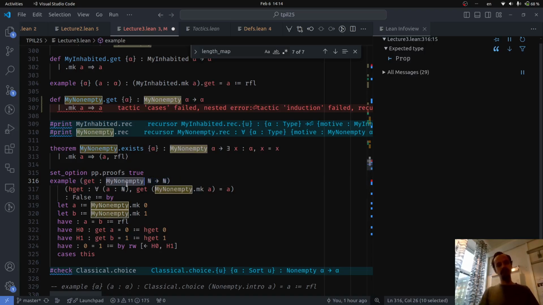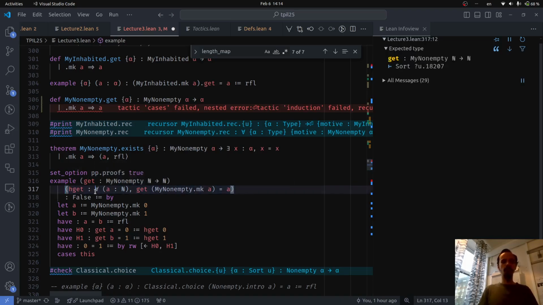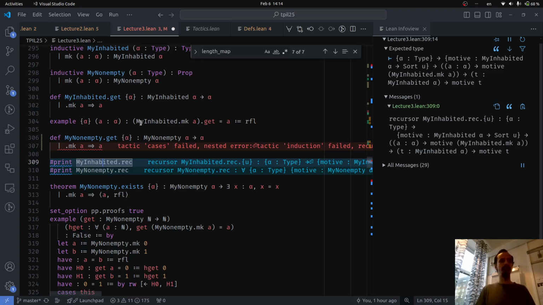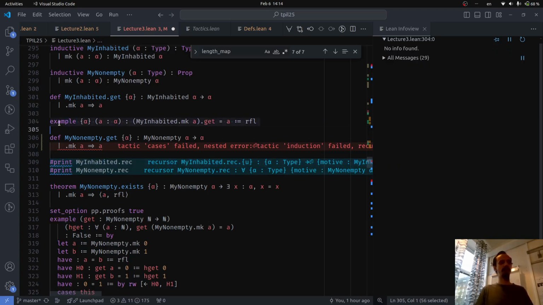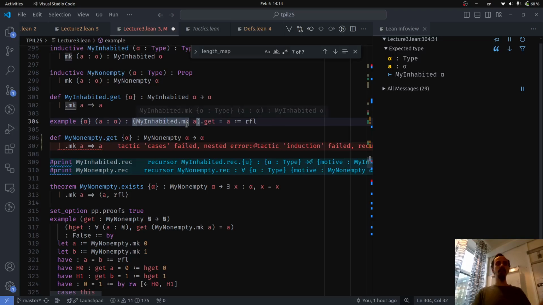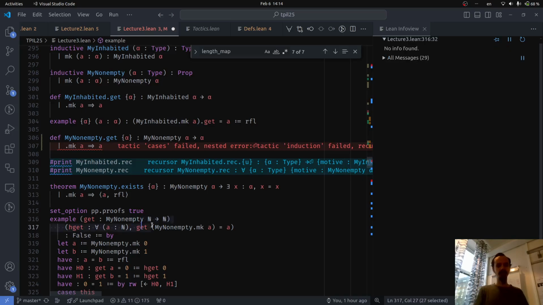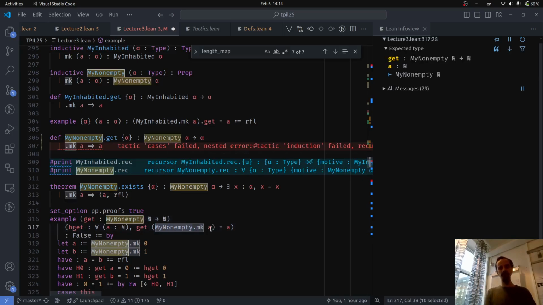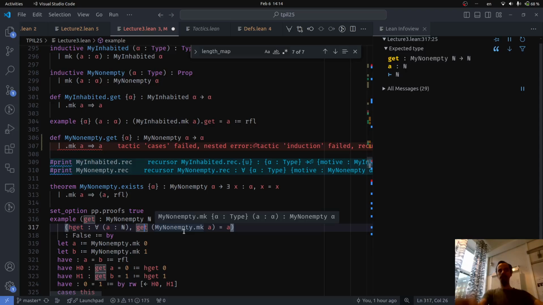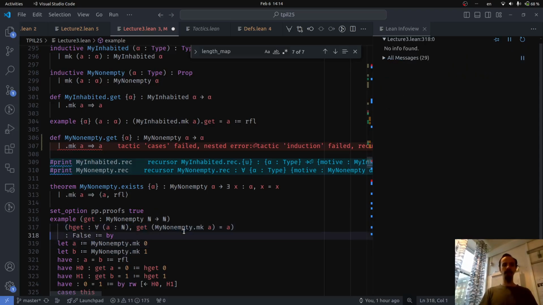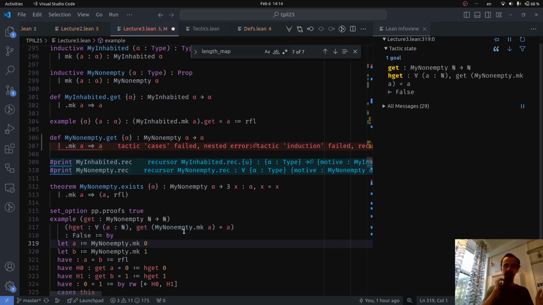So we have a function from MyNonEmpty n to n, and moreover, presumably it would have the same property here that MyInhabited had: that when we run it on an argument, we get the value back. So if we're given any a of type n, we construct MyNonEmpty of it and then call get on that, we would get a back. Well, if there exists a function with those properties, then we can prove a contradiction.